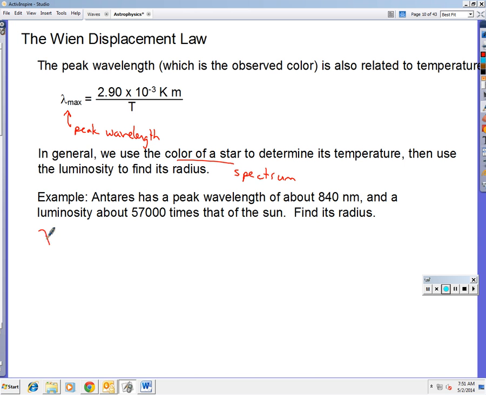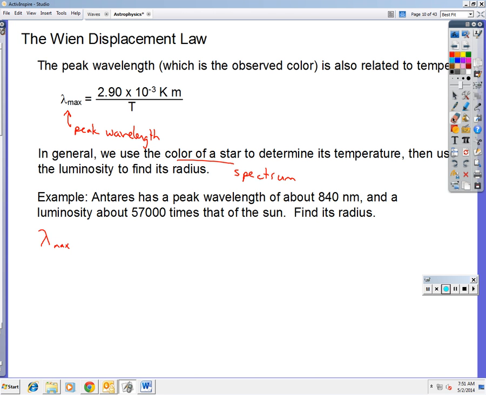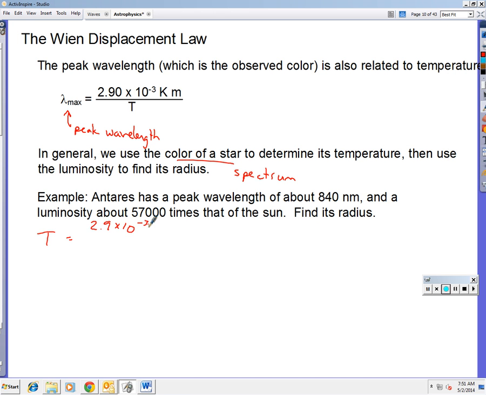And so the first thing we do is we use the Wien displacement law to get that. T equals 2.9 times 10 to the minus 3 kelvin meters divided by the wavelength, which is 8.4 times 10 to the minus 7 meters.